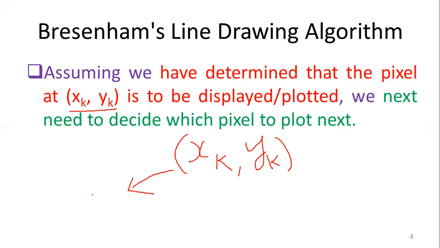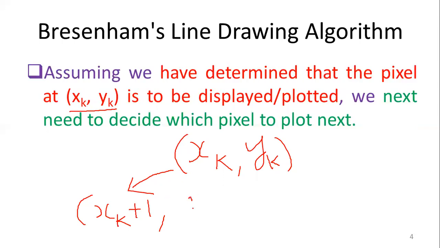One thing we are sure of: the x coordinate of the next pixel to be plotted will be xk plus 1. That is 100% sure. If the pixel that was plotted was xk comma yk, then the next pixel to be plotted will have an x coordinate xk plus 1. But what about the y coordinate?